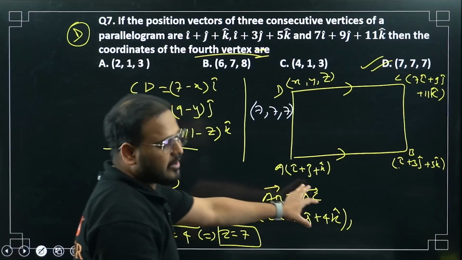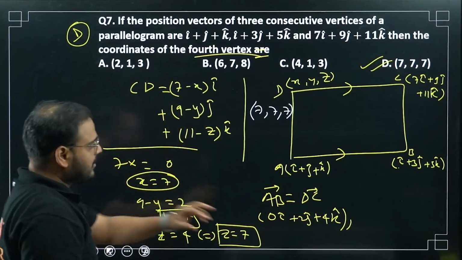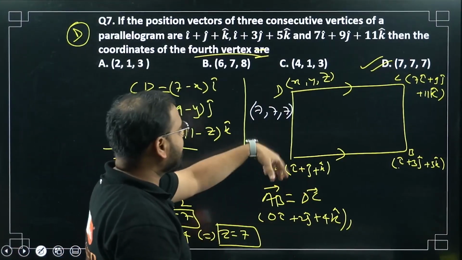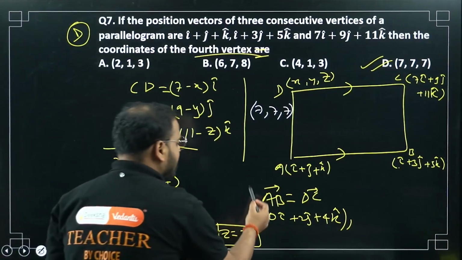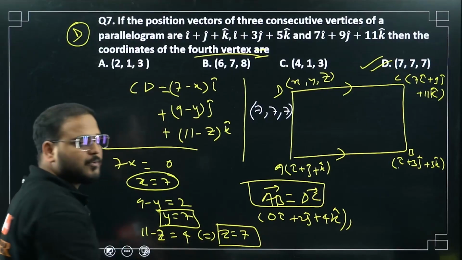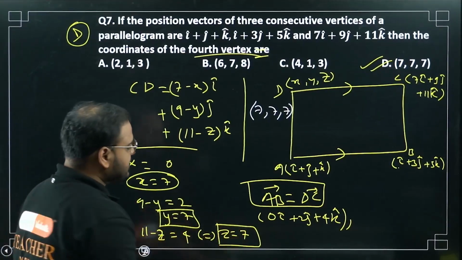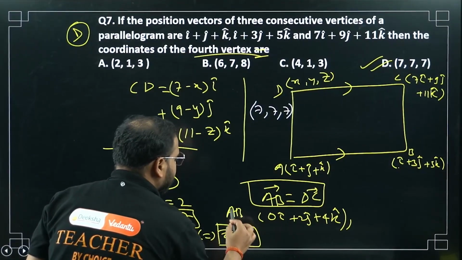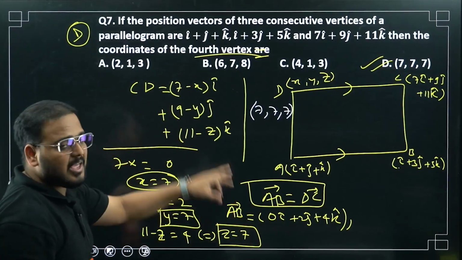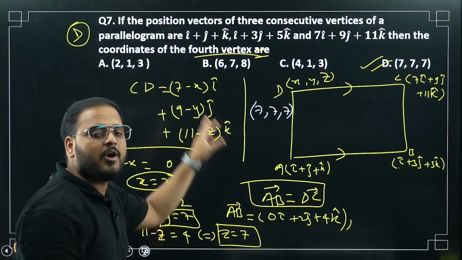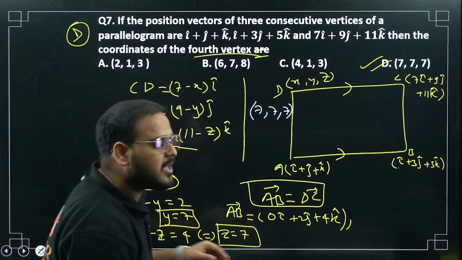If you don't want to use the vector approach, write the coordinates and subtract them, then compare, because if the vectors are equal, the x component will be equal, the y component will be equal, and the z component will also be equal.